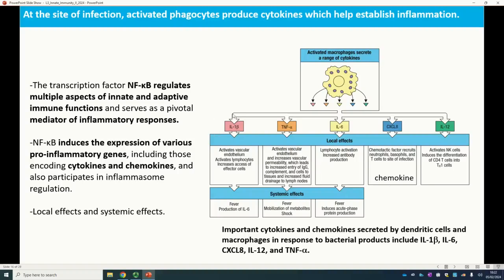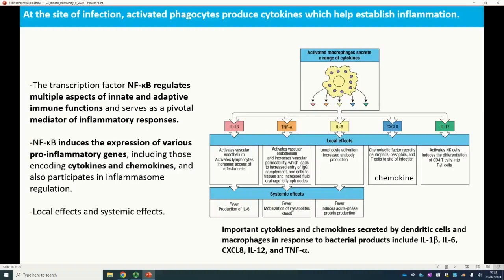Now you'll see here that three of them, IL-1 beta, TNF-alpha, and IL-6, also have systemic effects. So these are whole body effects. So you can see that IL-1 beta plays an important role in regulating fever, but it also is important in the production of IL-6. And so IL-6 here is also playing an important role in fever, so you can see you've got that positive feedback loop.